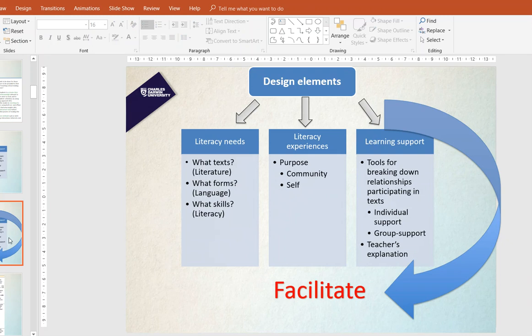And then we will have to create learning support. Now I moved to this slide accidentally, running ahead of myself, but what I really wanted to point out is that literacy needs, literacy experiences, and learning support are elements of your design.